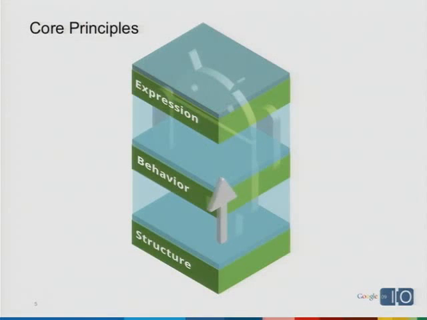Now, as I mentioned, and if anyone's seen my trailer video, the Android user experience is based upon the principles of interaction design. And these principles, there's three pillars of them, are structure, behavior, and expression. If any of you know a little bit about the history of interaction design, what this means is its roots are grounded in architecture.